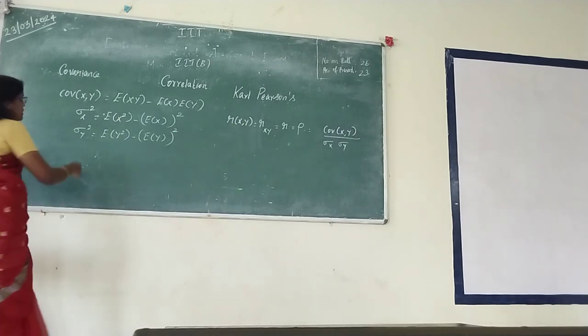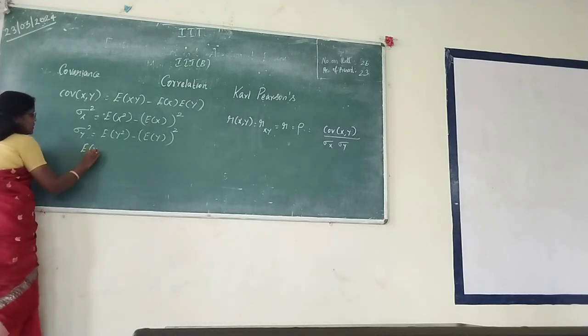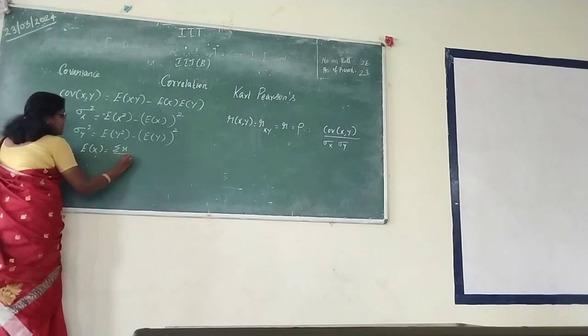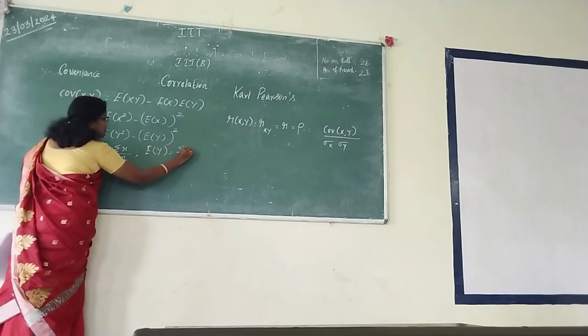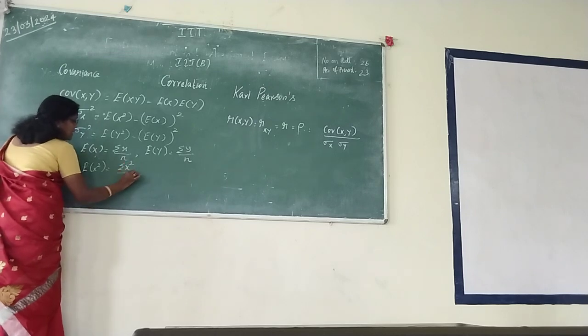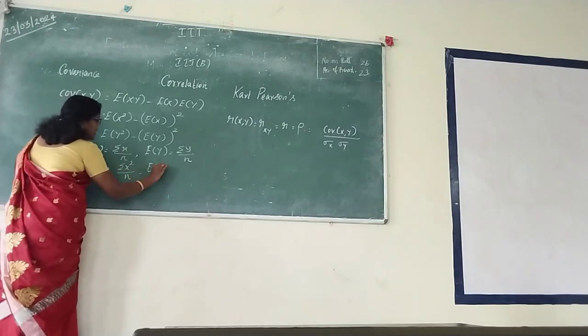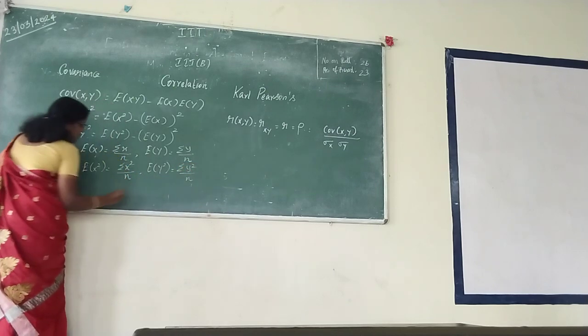Note down. E of x equals summation of x by n. E of y equals summation of y by n. E of x square equals summation of x square by n. E of y square equals summation of y square by n.